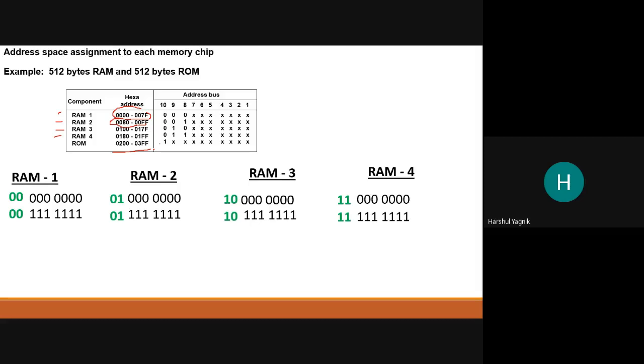0000 to 1111. And that is why addresses go from 0000 to 007F. Then the green color ones are bits 8 and 9.